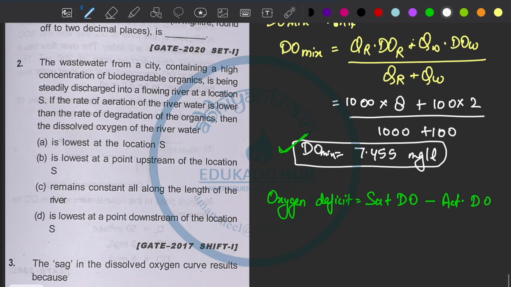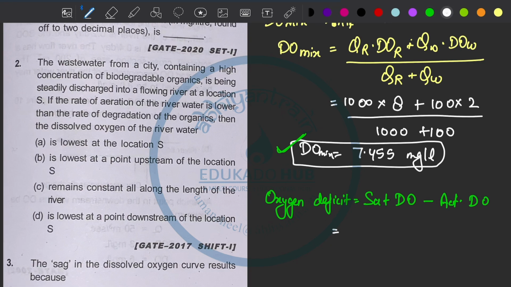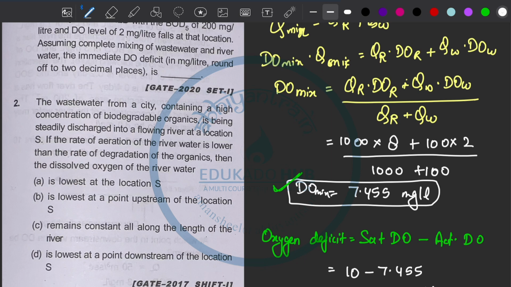So the DO deficit comes out to be saturation, which is 10, minus 7.455, and it comes out to be 2.545 milligram per liter. So the DO deficit comes out to be 2.55 milligram per liter. So this is the answer.